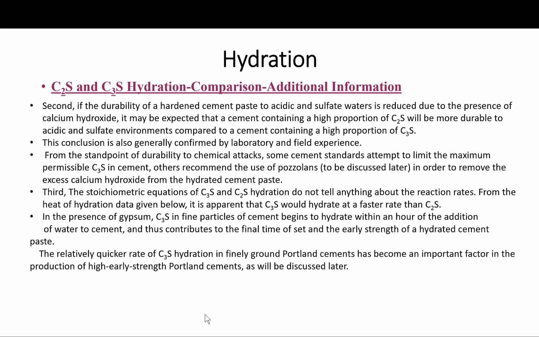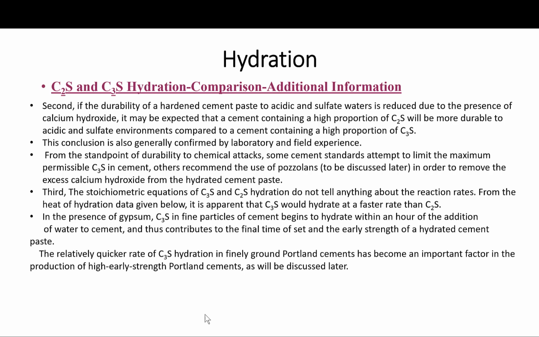Okay, so some cement standards limit the C3S content in cement. Others recommend the use of pozzolans, which we will discuss later, in order to remove the excess calcium hydroxide from the hydrated cement paste.